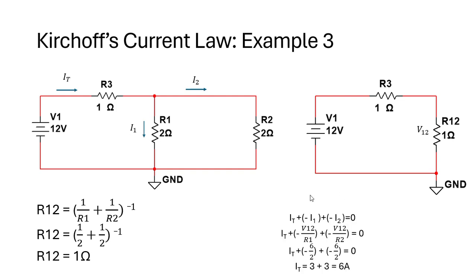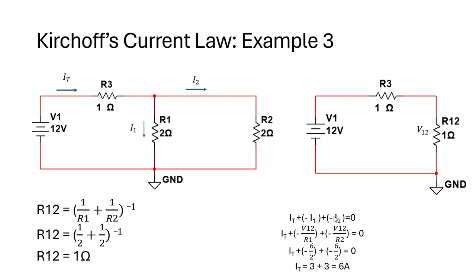Now that we know that, we can do the following calculation, where we can use our Kirchhoff's current law. And so we have IT plus negative I1 plus negative I2 is equal to 0. And IT plus negative V12 divided by R1 plus negative V12 divided by R2.